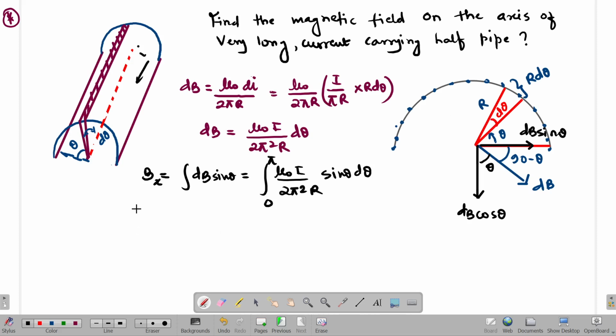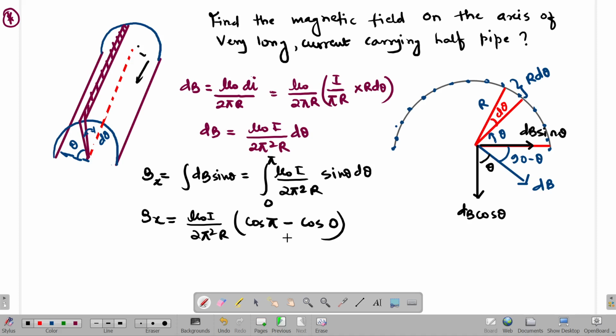So integrate it. How much will I get? Sine theta integration is minus cos theta. So Bx is equal to mu naught I by 2 pi square r, cos pi minus cos 0. So this is minus 1 minus 1.